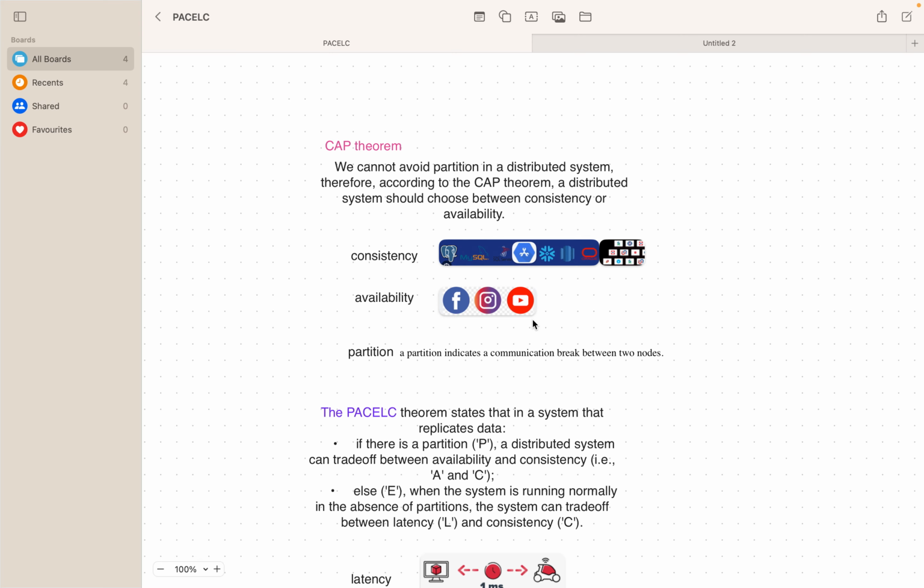It is not like banking data, where if some update or write happens on a node, the data should be available immediately. That data consistency is not required here in an available system, right? So the system which focuses on availability compromises on consistency.